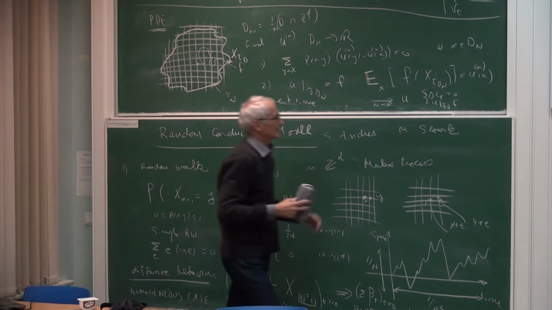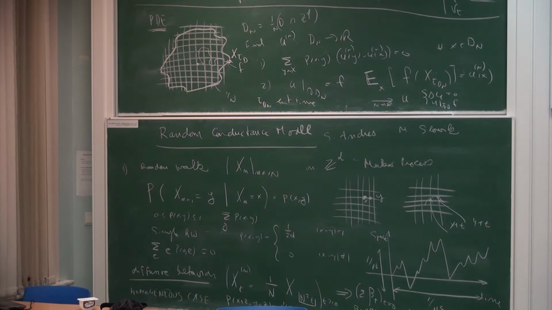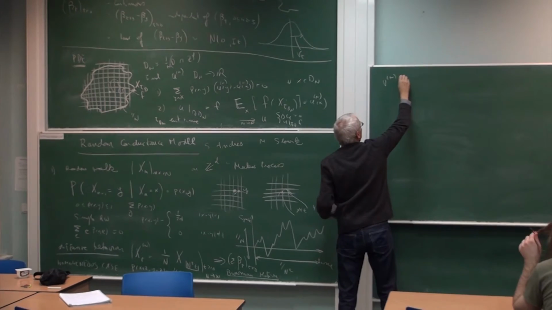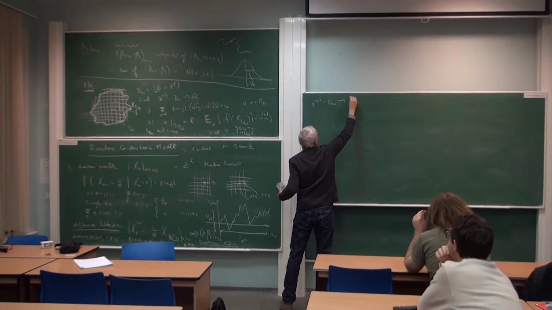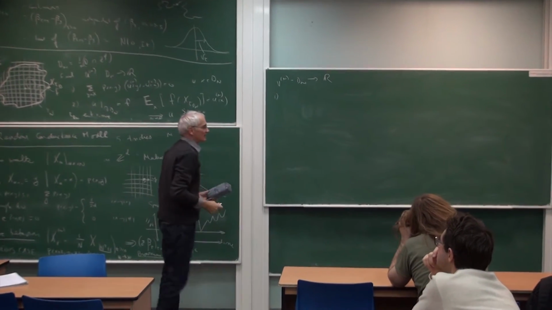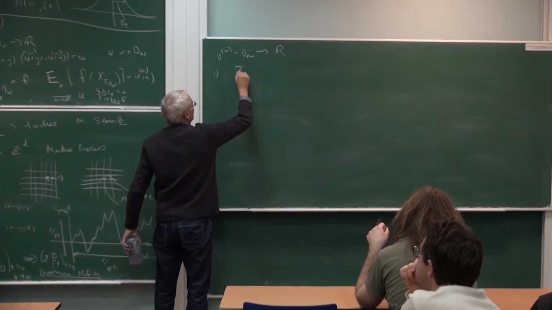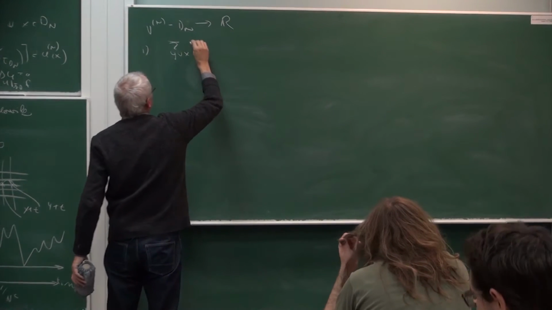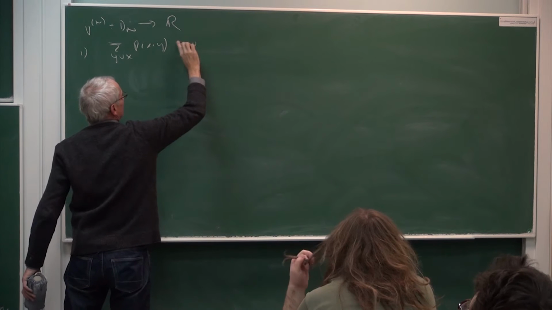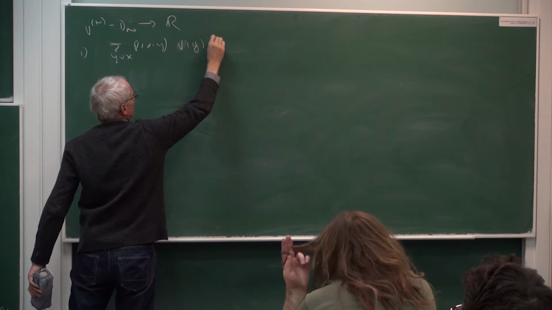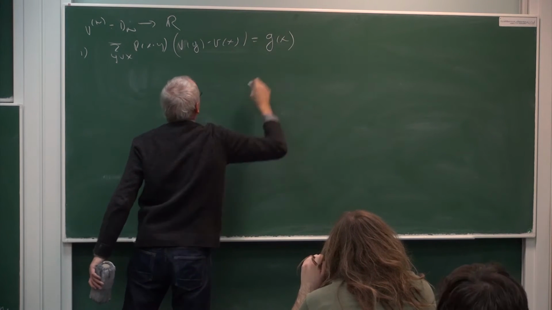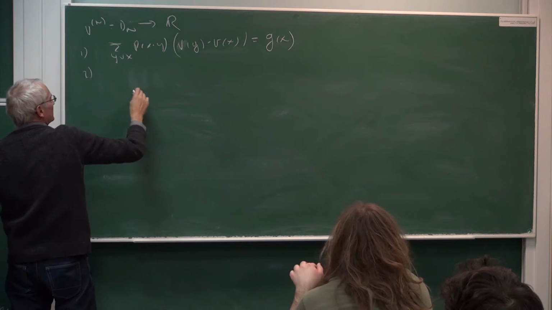You could also look at a similar question, which is the Poisson equation. So we look for V_n from D_n to R with the following property. First, the discrete equation. Now, instead of being 0, you give yourself, to put V here, some value g(x), and at the boundary you put it 0.